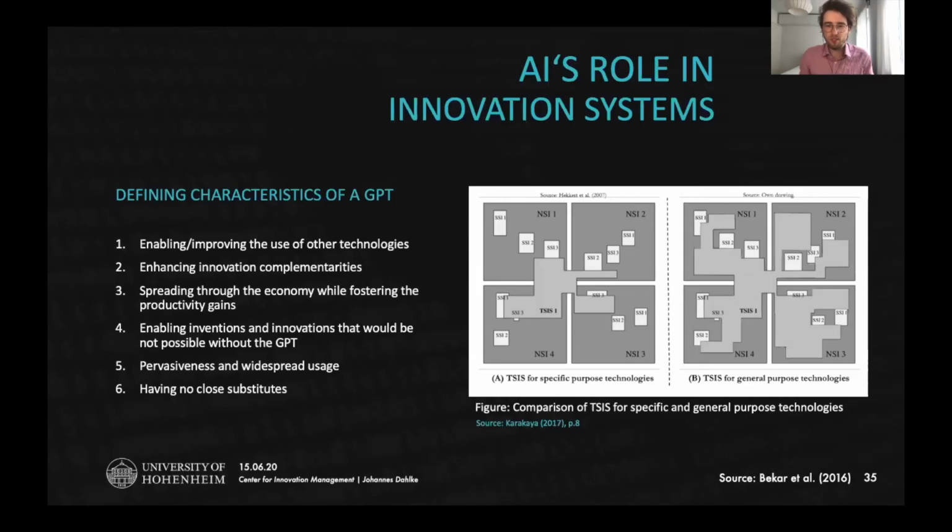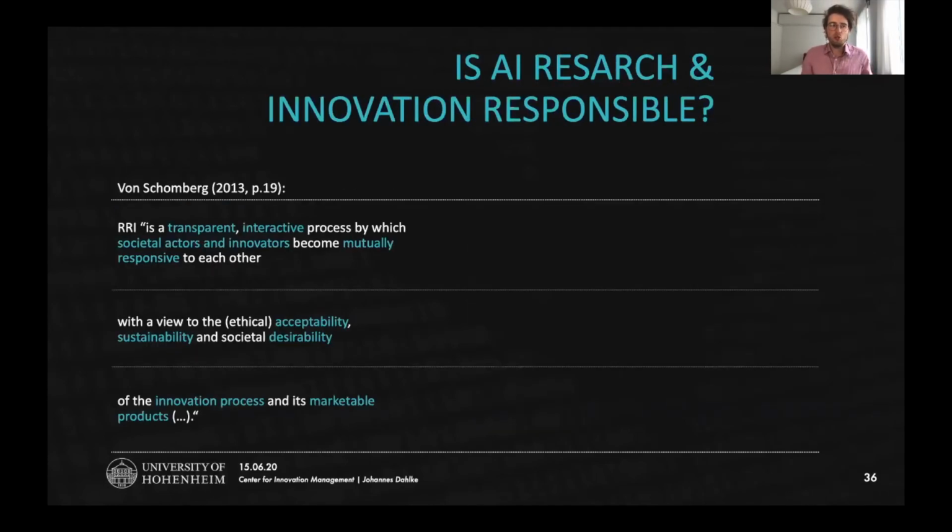Okay. So to wrap this up, I would like to answer the question, is AI research and innovation responsible? So before, we were looking at the question whether the influence of AI on the innovation process is positive or negative with regards to social responsibility. And now we take a look at the AI innovation system itself and ask the question whether this research in AI is actually socially responsible.